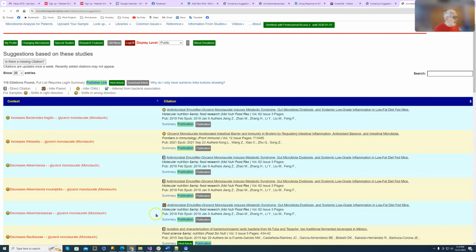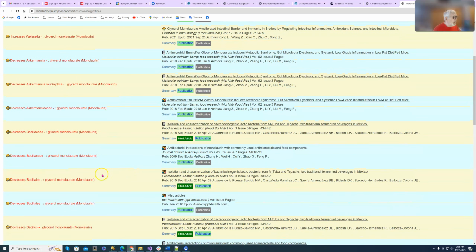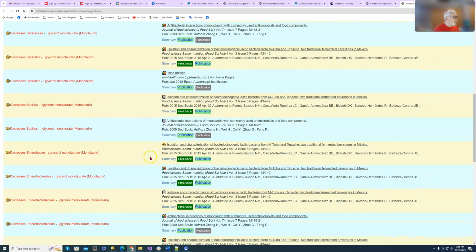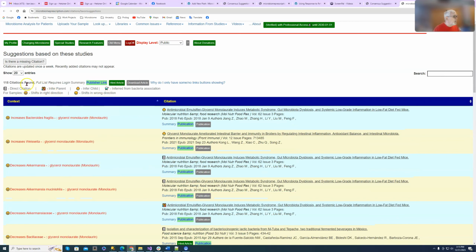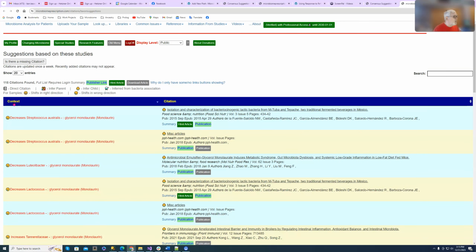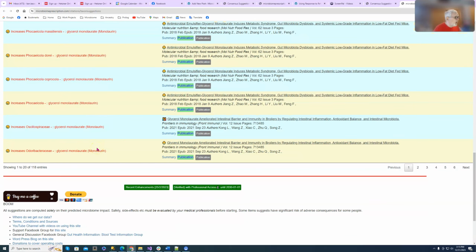What I have added here is a happy smiley face for shifts in the right direction, and a sad one for shifts in the low direction. So it indicates what changes are made. There's a fair number of bacteria where it has happy changes. And if we click here, we will see the ones that have unhappy changes. In total, we have 118 different bacteria impacts.